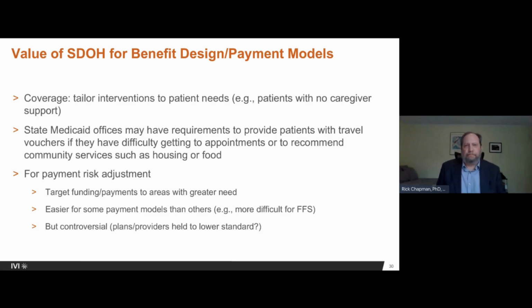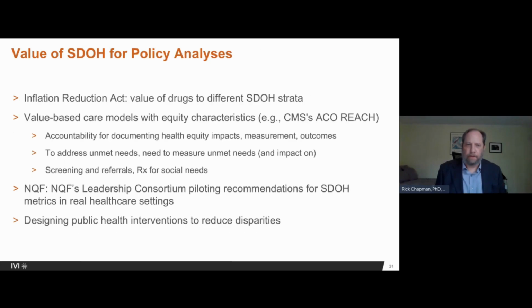And then I think there are also uses for this type of data in broader policy analyses. I know a lot of people are concerned about the Inflation Reduction Act right now and some of the impacts it's going to have. And there's a lot of uncertainty about how that's going to be put into place. A lot of details that still have to be worked out.